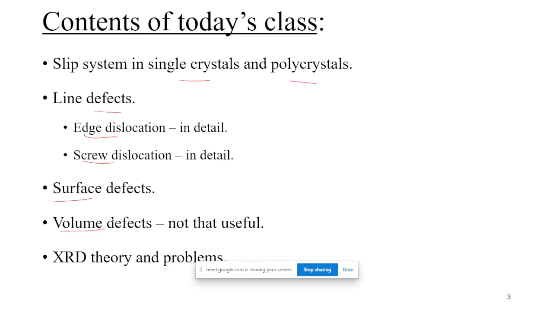Finally, we will look at volume defects, just a single picture, because it's hard to model volume defects theoretically at our stage; in GATE they won't ask these problems. Today we will only see the XRD basics: what is XRD, how X-rays are produced, and how we get the pattern. We will see the XRD problems, Bragg's law and its problems, and crystallite microstructure as a separate class in the coming week.